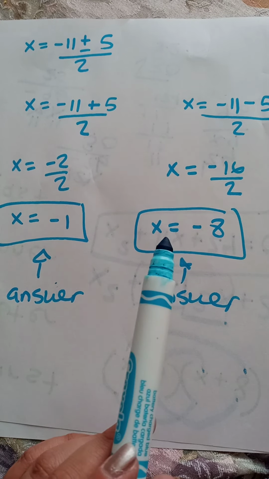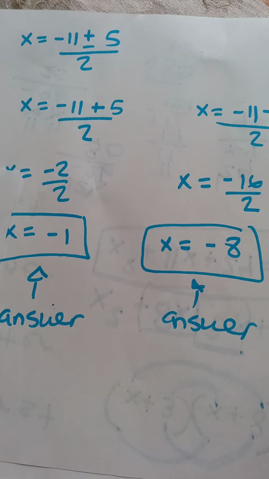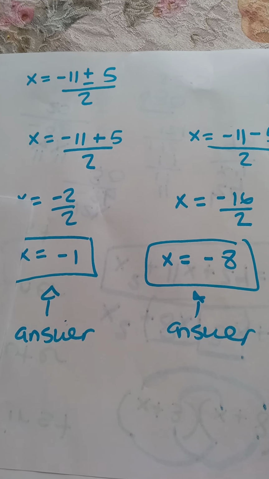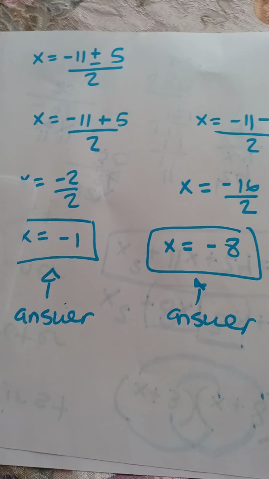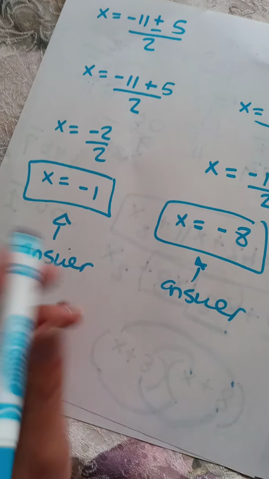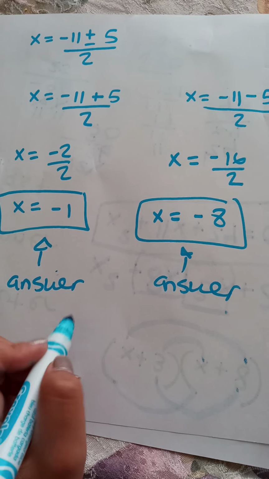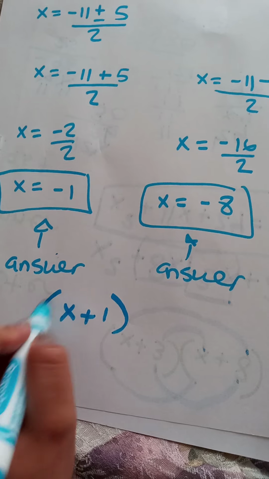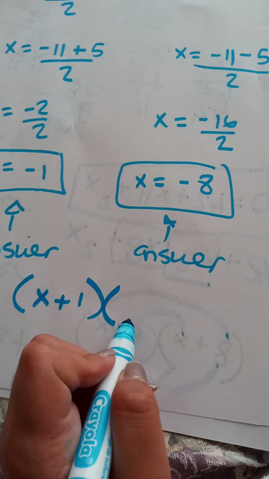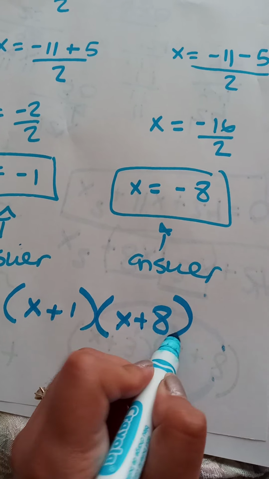And what I was trying to tell you guys before is that remember on the previous example, the first example we were working on, when we were doing the FOIL method, we had gotten x plus 3 and x plus 8.